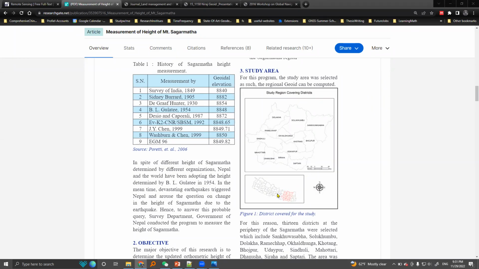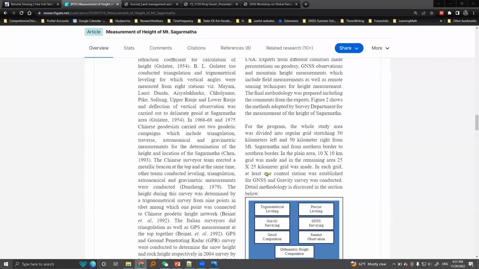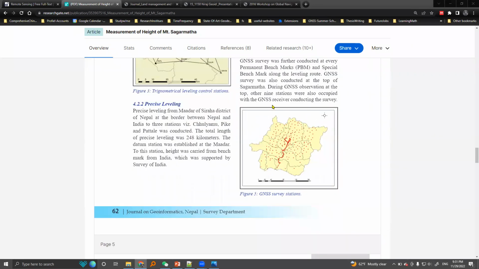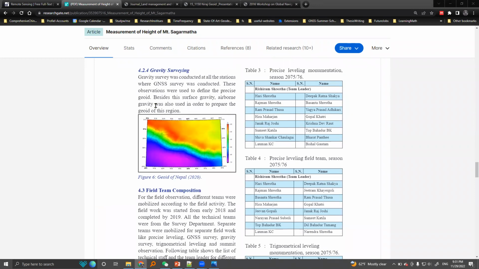Here is the spatial distribution of those gravity stations. In the southern region, stations were established in a 25 kilometer by 25 kilometer grid, and in the mountainous and Himalayan region, in a 10 kilometer by 10 kilometer grid, and the geoid of the region was developed.